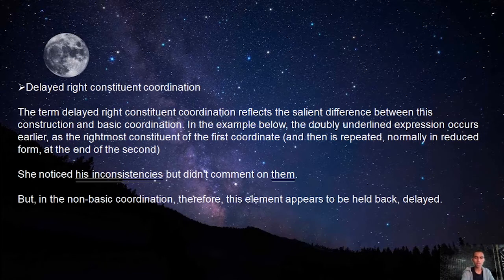She noticed his inconsistencies but didn't comment on them. It is the example of basic coordination. But in the non-basic coordination, the elements, his inconsistencies, and them appear to be held back. It is delayed.